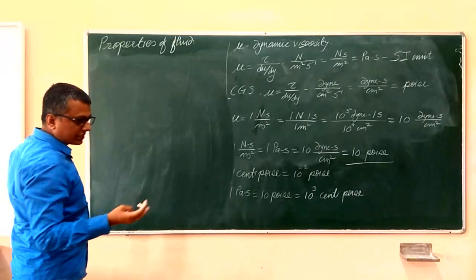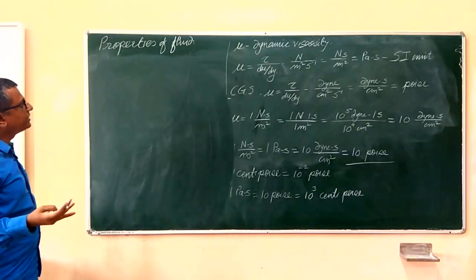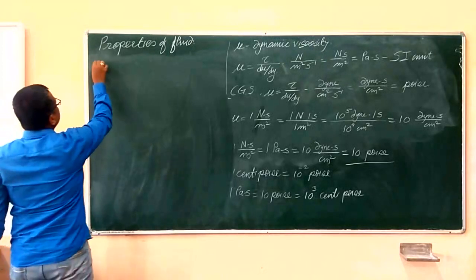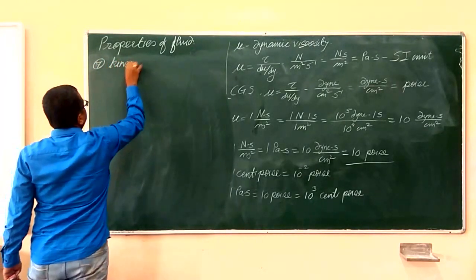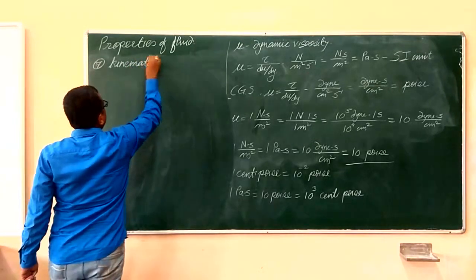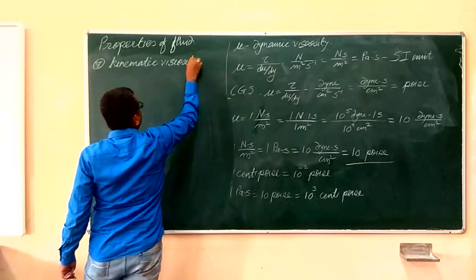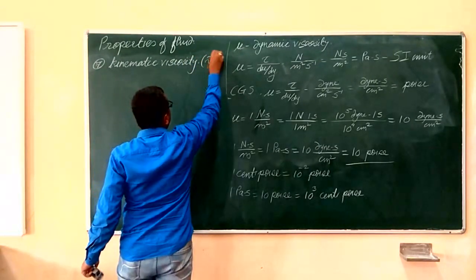What we have seen: the density, the specific weight, specific volume, specific gravity, velocity gradient, dynamic viscosity. I think 6. So it must be the 7th one: kinematic viscosity. Kinematic viscosity is represented by the letter nu.